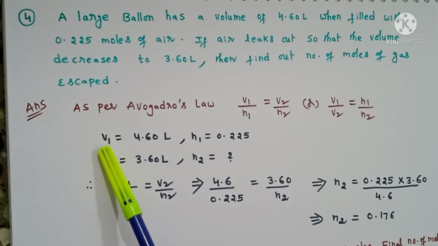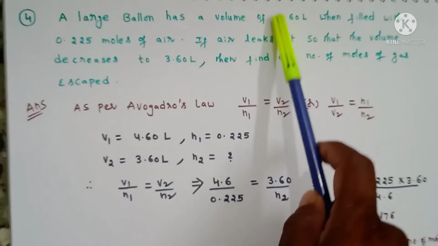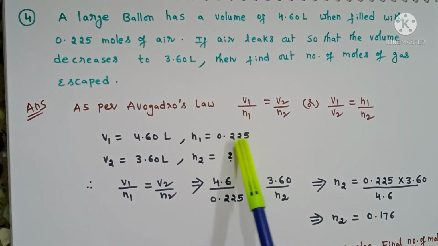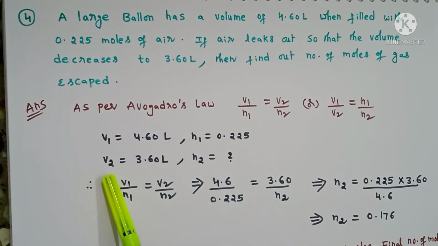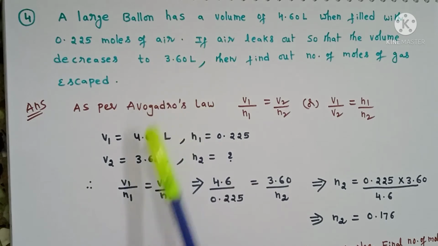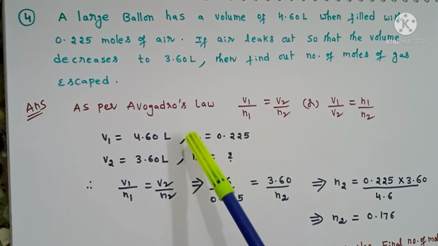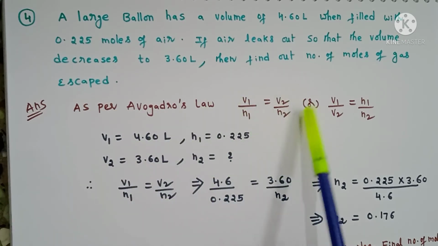Here initial volume V1 is 4.6 liters and initial number of moles is 0.225, and the final volume is 3.6 liter, and they are asking about the final number of moles.